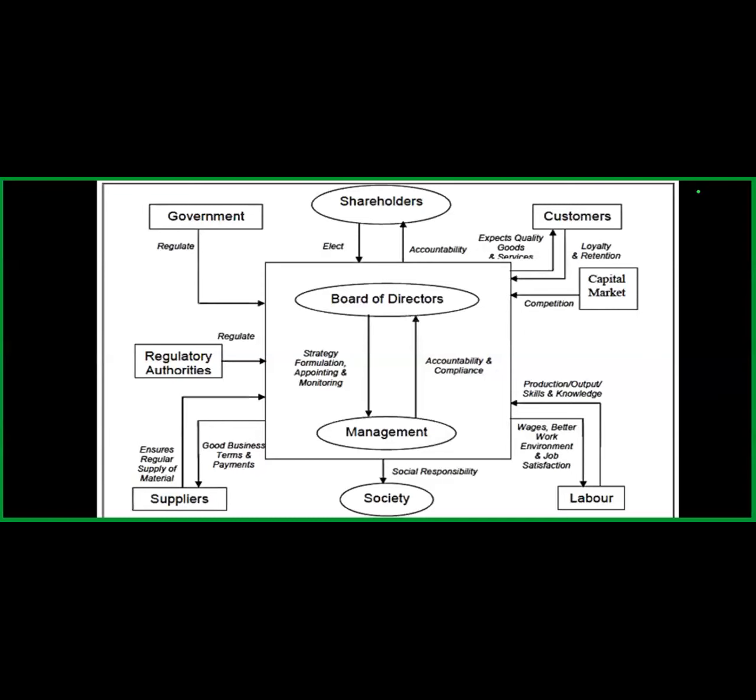Management in return will ensure accountability and compliance. Now, this word compliance is missing in other countries, which we had discussed. It is there in India.